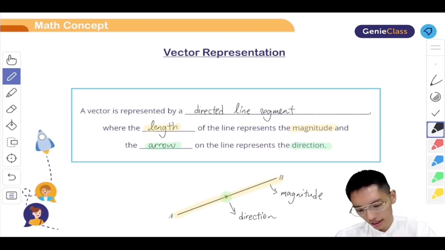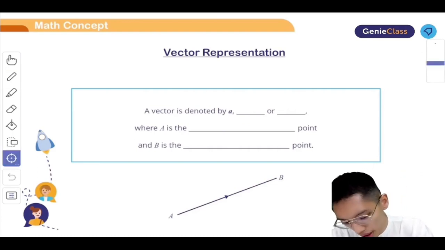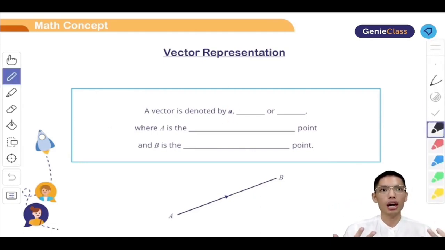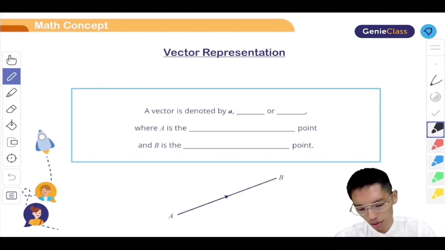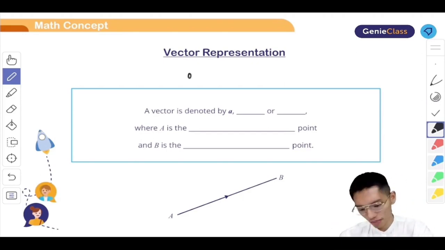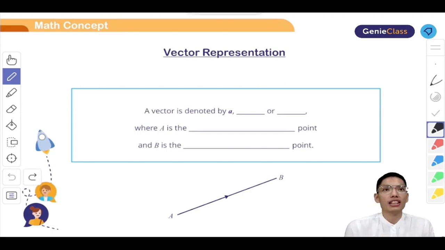Now, to represent a vector, we can represent it as a bolded letter. But this is usually how the textbooks or the questions represent it, because they don't expect you to bold your words and circle like this. No, they don't expect you to bold it this way. This is actually for writing, not understanding.